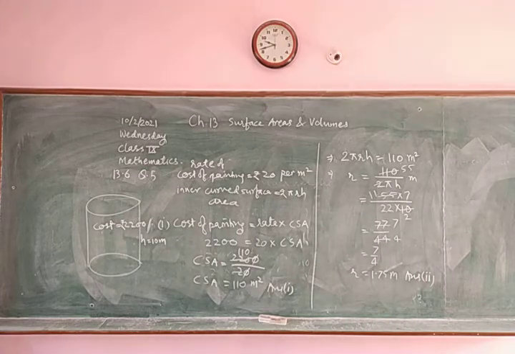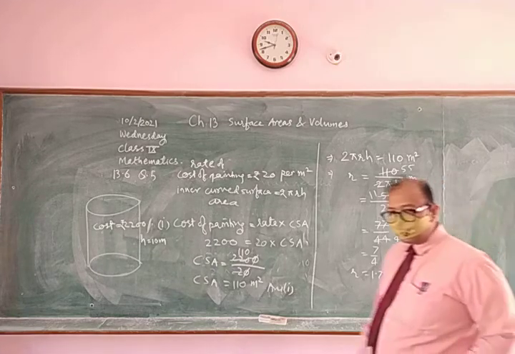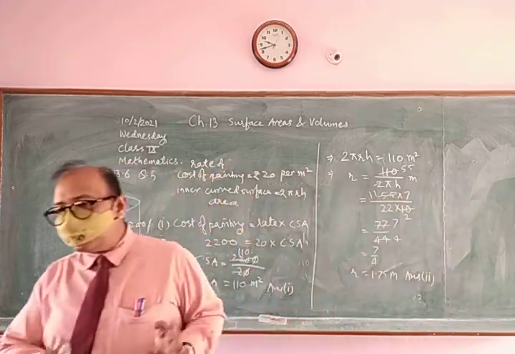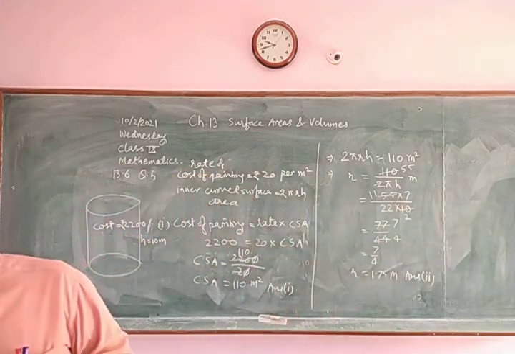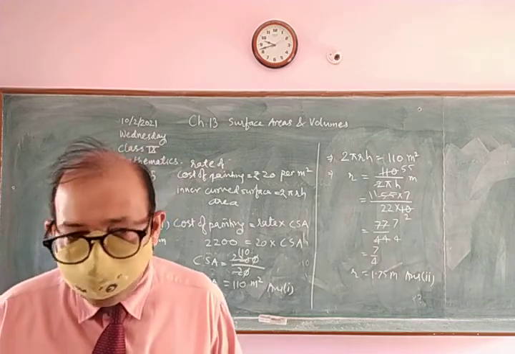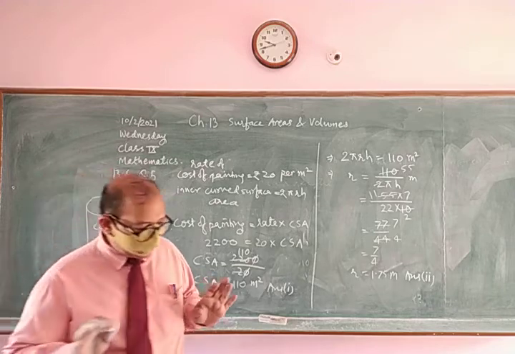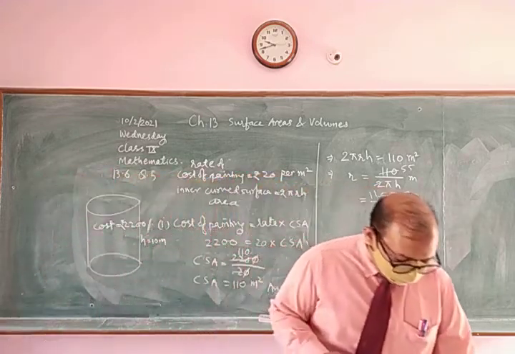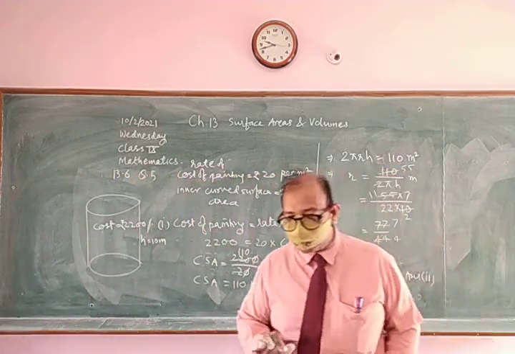Okay? Clear? So in this way you can solve this question. Pi r square h is the volume of the vessel.